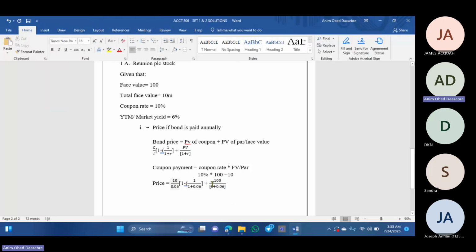So please, someone should punch this formula and give me the final answer.